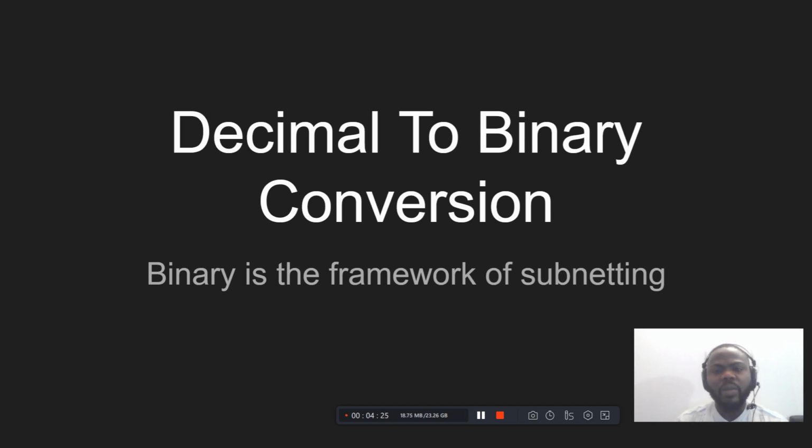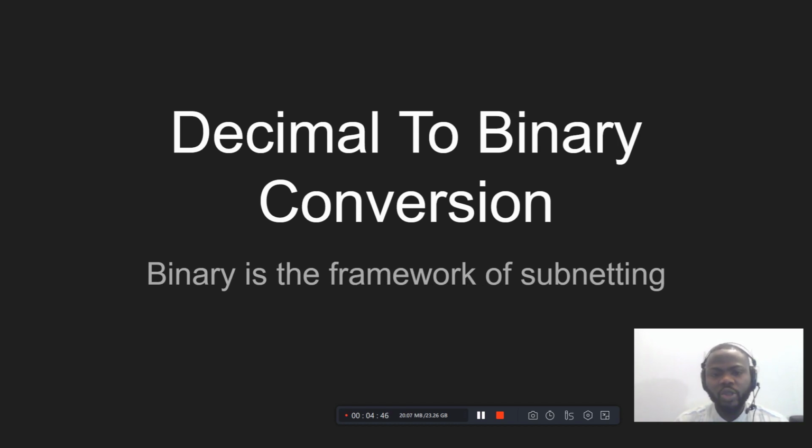So the first thing on my slides now says decimal to binary conversion. Binary is the framework of subnetting. So if binary is the framework of subnetting, that means we need to know how to convert decimal numbers to binary, and that's what we are going to do first.